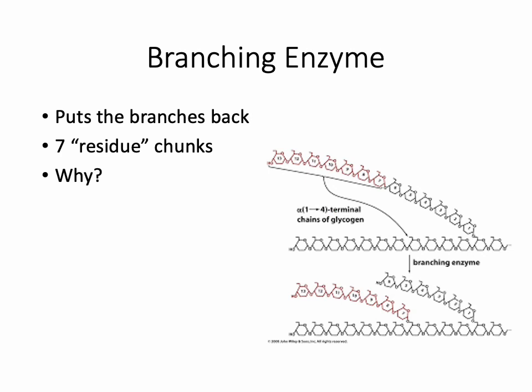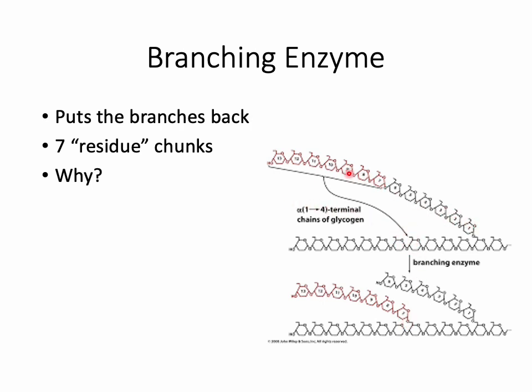The final step of our glycogen synthesis is the branching enzyme. What this basically does is it rebuilds our glycogen branches. Specifically, it takes a 7-glucose chunk of a glycogen chain and transplants it onto another glucose on our glycogen molecule.